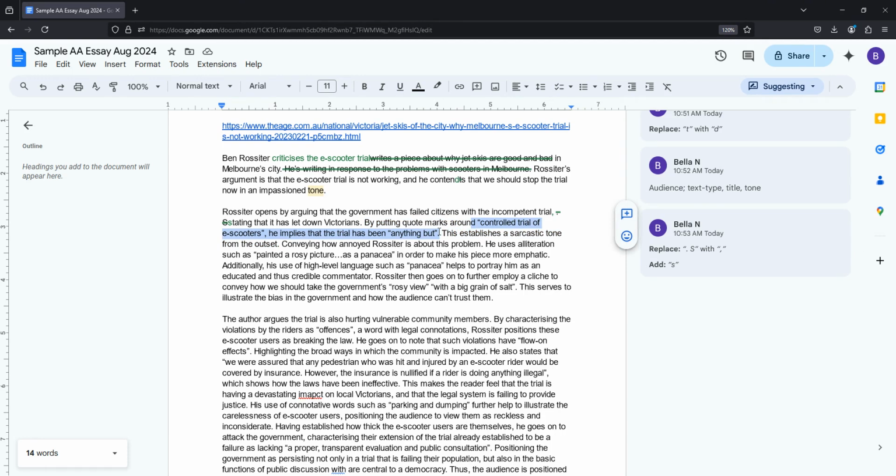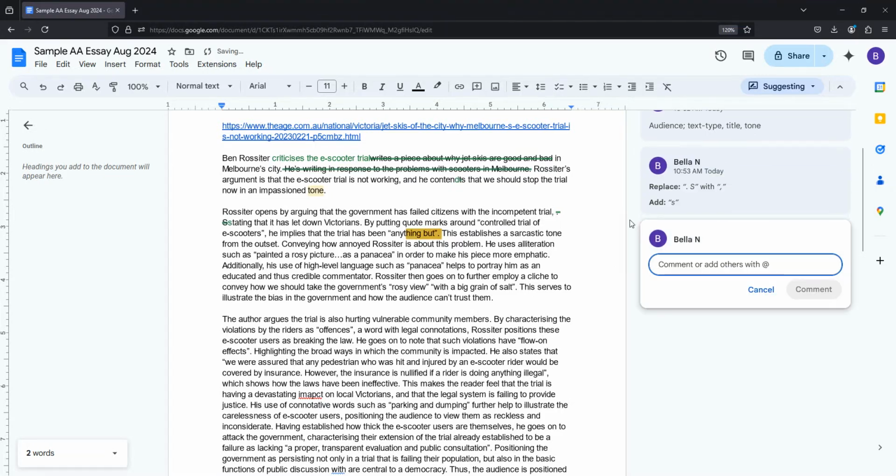One, how does it produce an emotion in the audience? Two, how does it affect the way we think about the author? Three, how does it affect the way we think about the opposition? And four, how does it affect the way we view the topic? And this analysis doesn't really do that. It doesn't really explain this, so this needs more explanation.